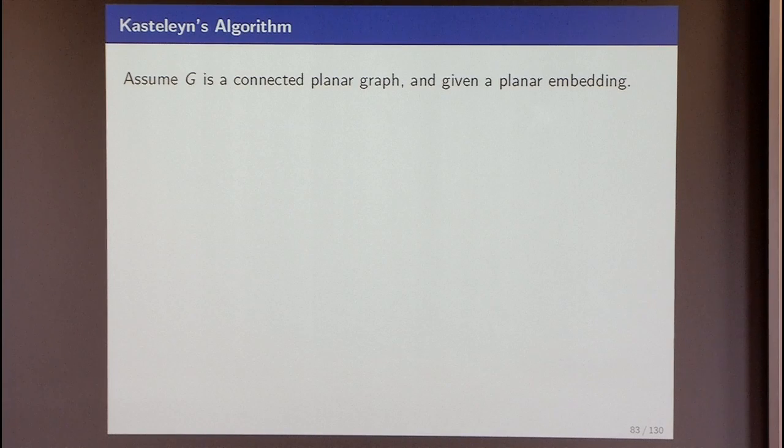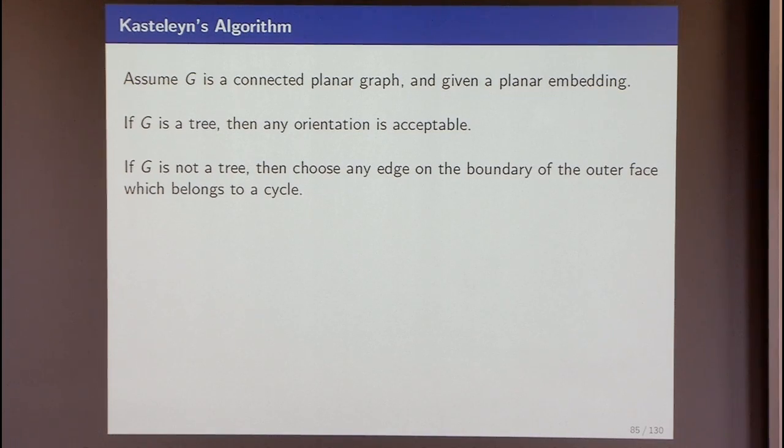So what you do is you take the connected planar graph. You can compute its planar embedding, Hopcroft-Tarjan. And if it's a tree, then any orientation works because there's no cycle, there's no requirement on the cycle. If not a tree, there must be an edge on a cycle, and you just traverse the external edges.